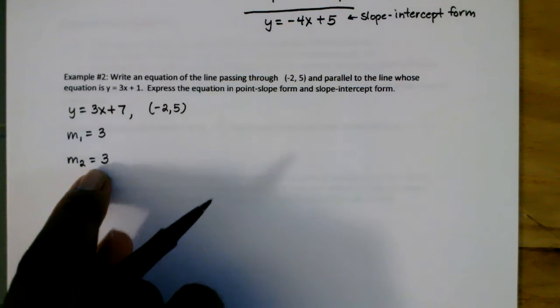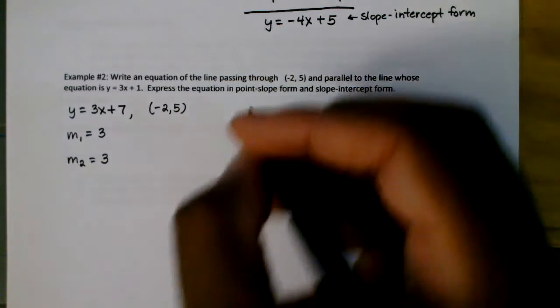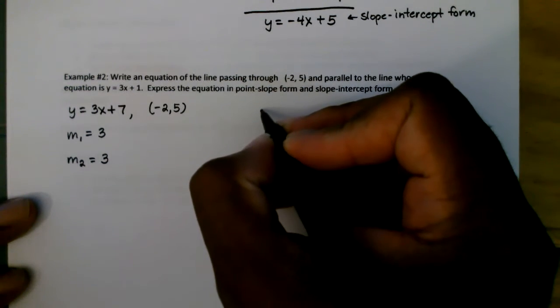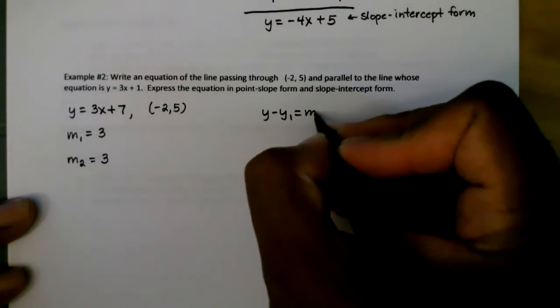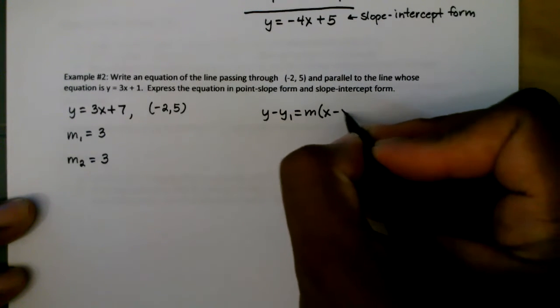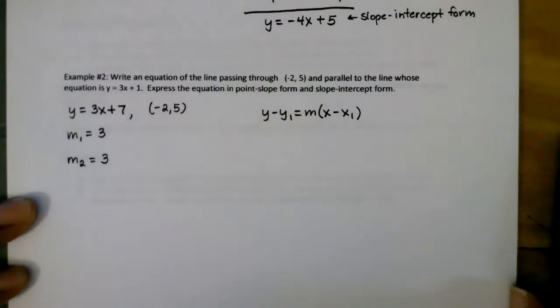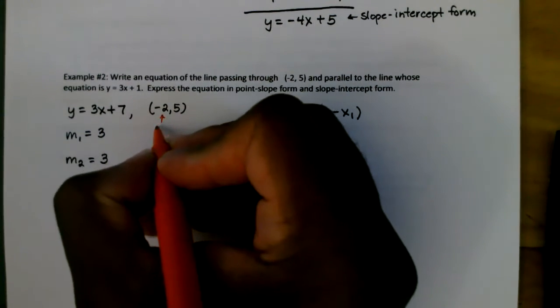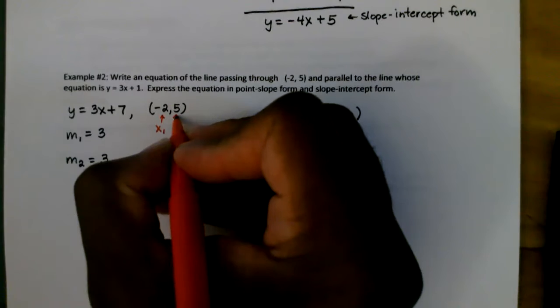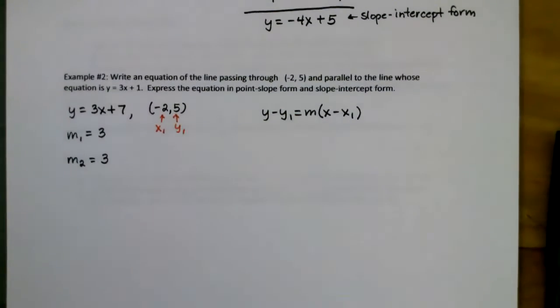So now we're going to use this slope along with the point (-2, 5) in our point-slope form, which is y minus y1 equals m times the quantity x minus x1. So now, x1 is -2, y1 is going to be 5.